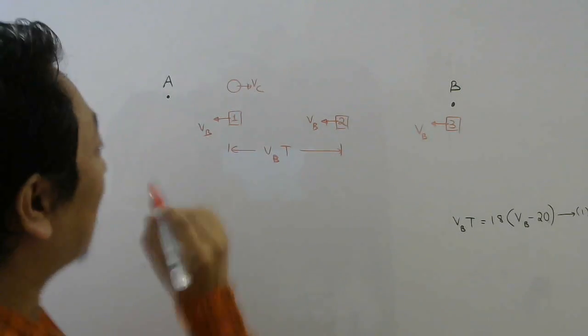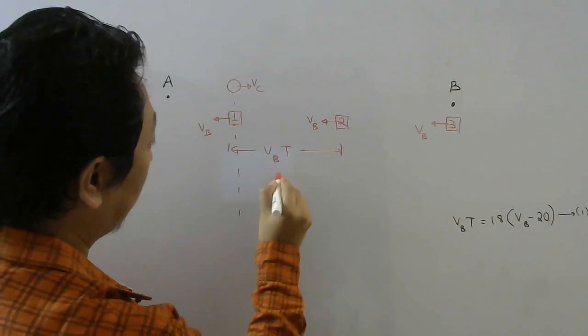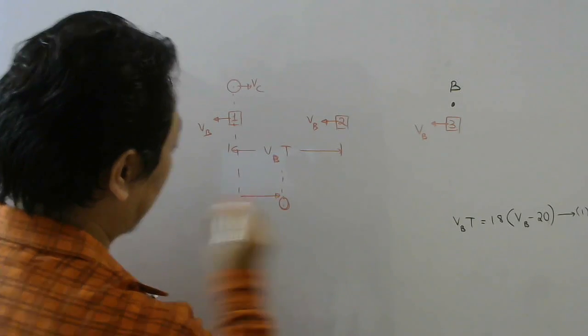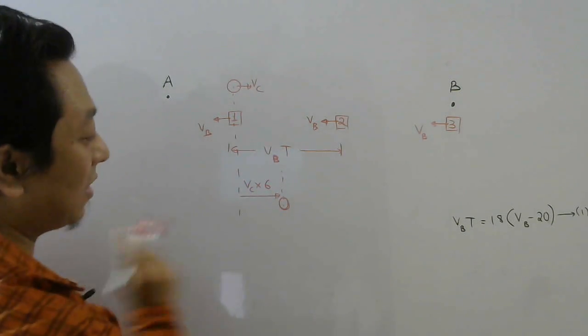Second bus, right? And by that time, your cyclist must have reached somewhere here, right? So this is the distance traveled by the cyclist in 6 minutes. So this will be VC into 6 minutes, right?